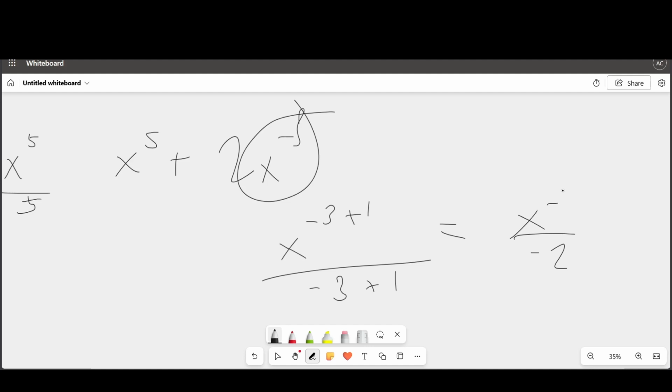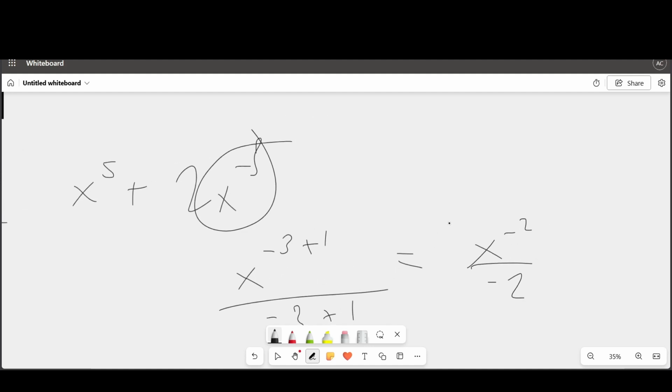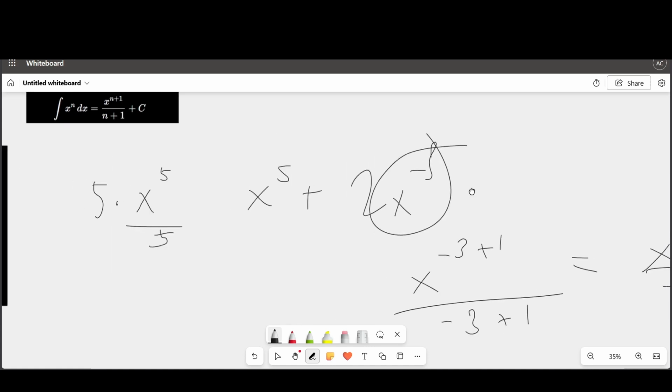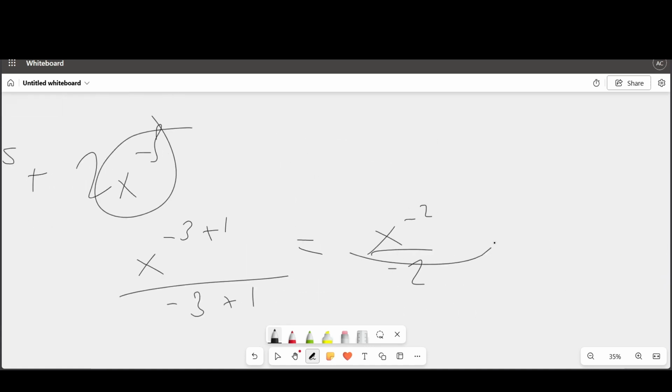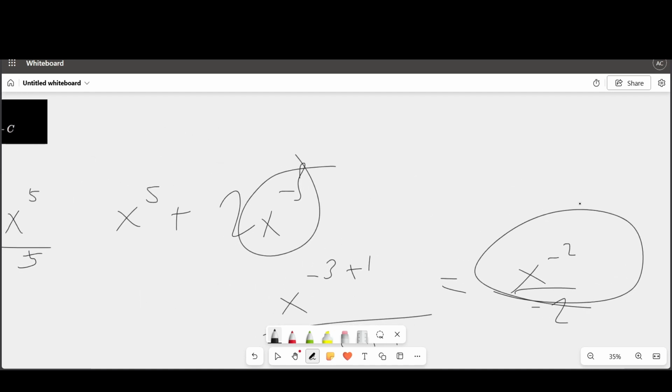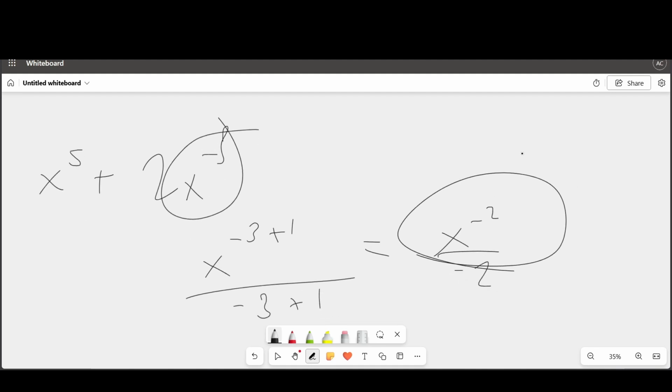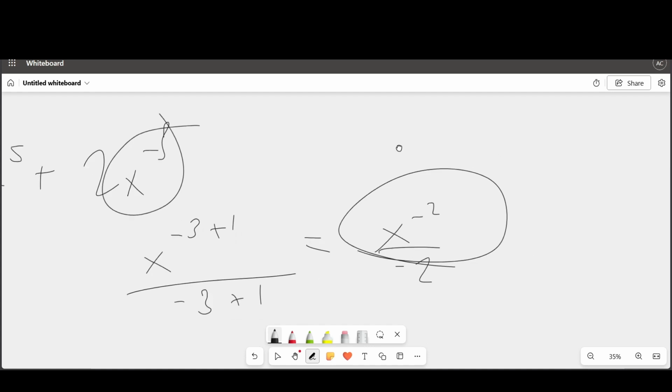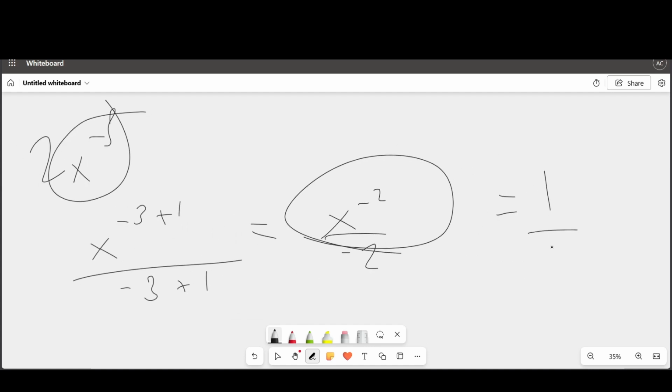Then let's see. The answer will be x^-2. So I just have to rewrite that as 1 over x^2, negative 1 over x squared.